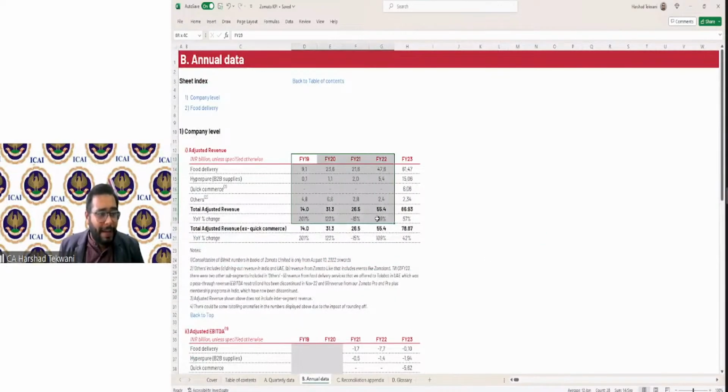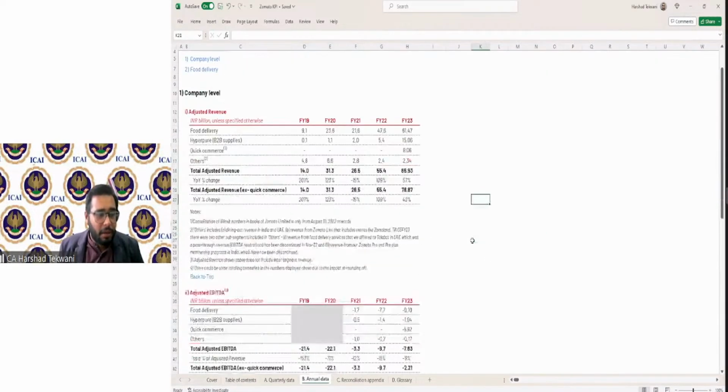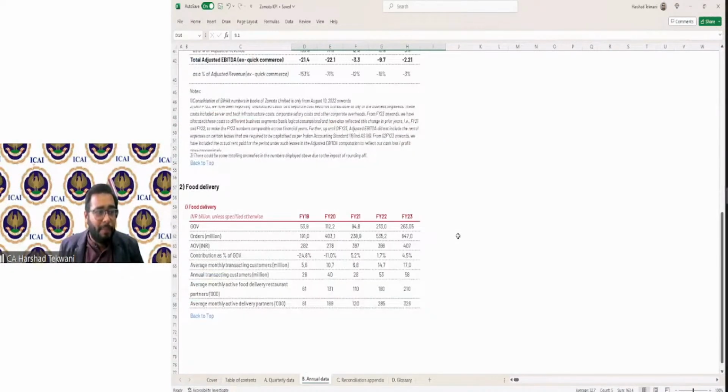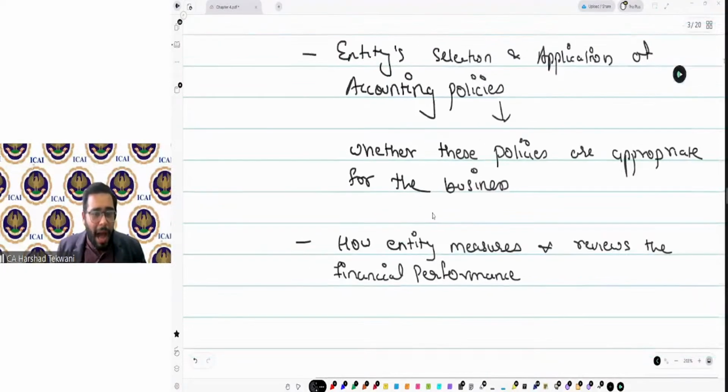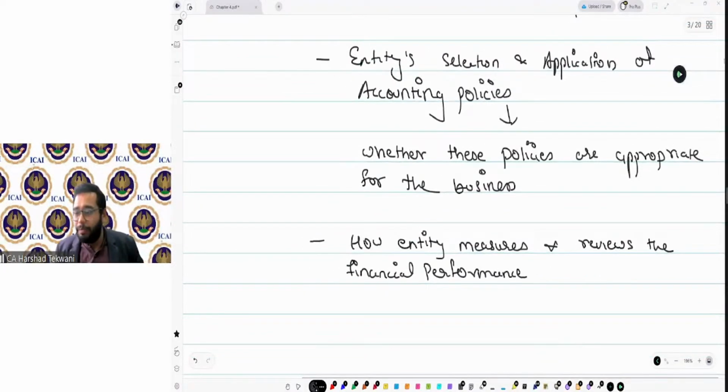You even have financial year wise data, so you can see the whole trend of the company, from where to where the company is going. This is publicly available data. And as I said, how the entity measures and reviews its financial performance is a very important part from where you can get a lot of information and perform a detailed risk assessment.